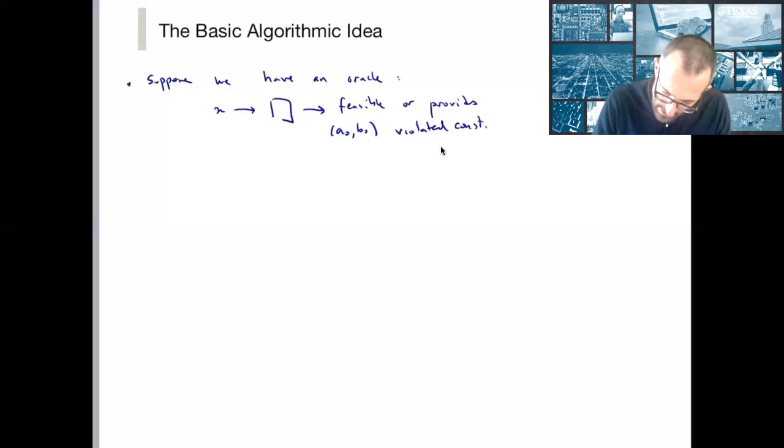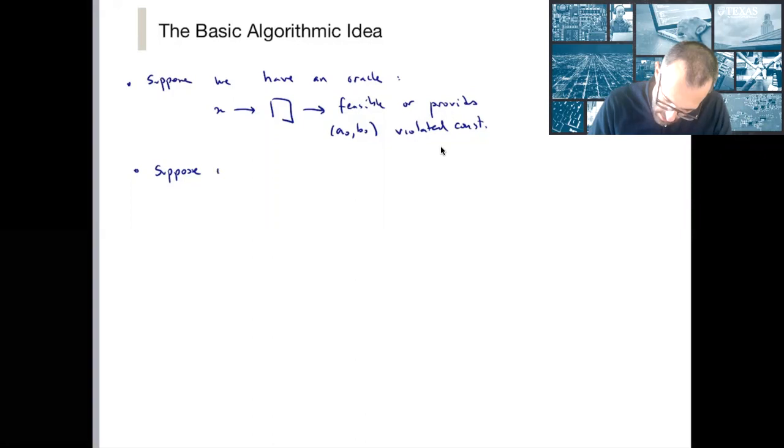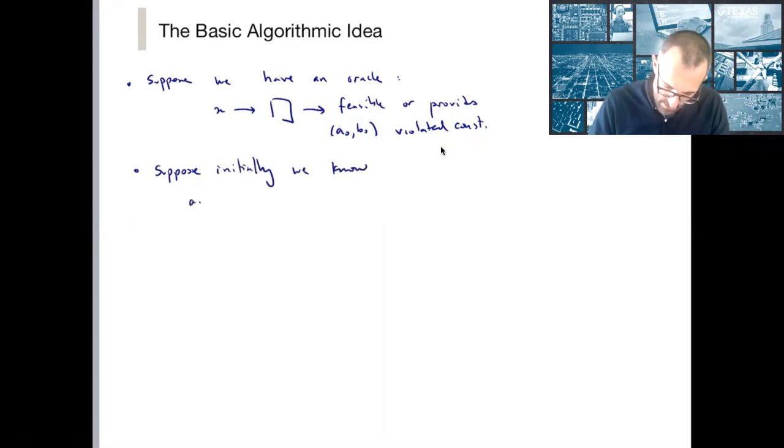And let us also suppose that initially we know a bounding sphere. So we know a sphere that contains our polytope. So suppose initially we know that our polytope is contained in a ball centered around, say, the origin.